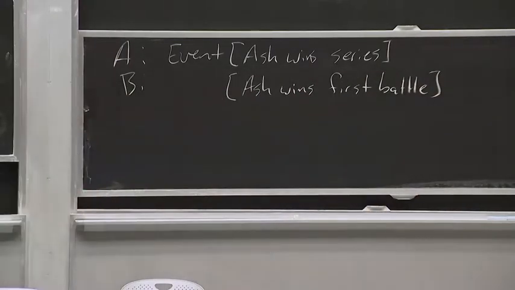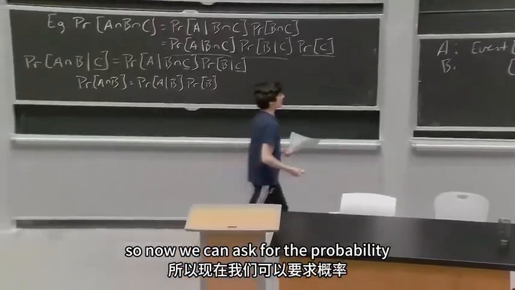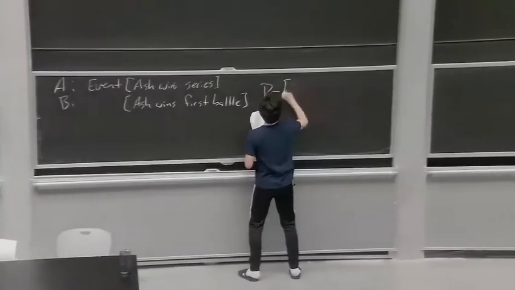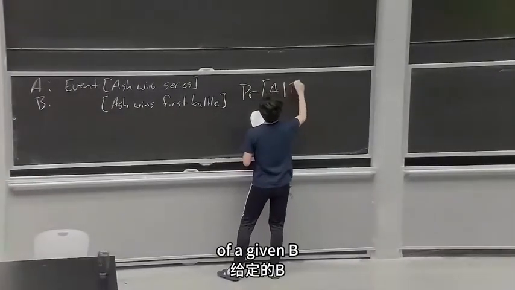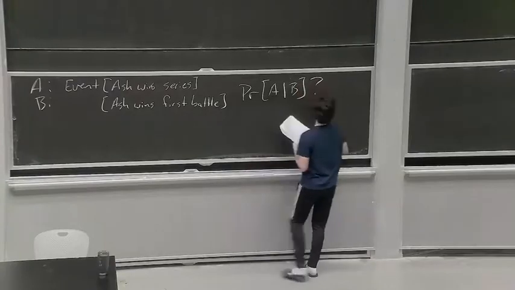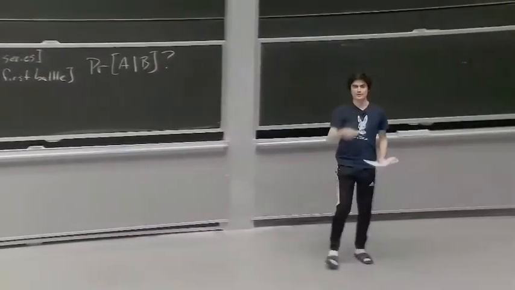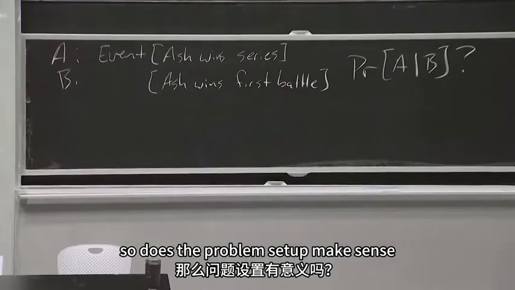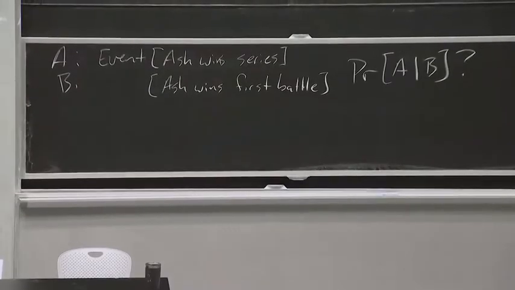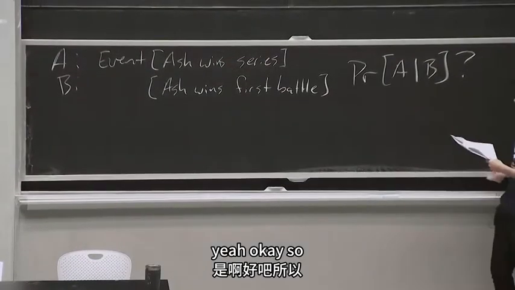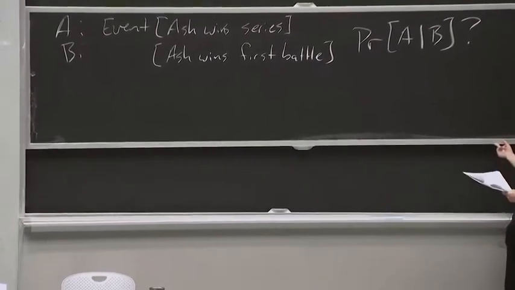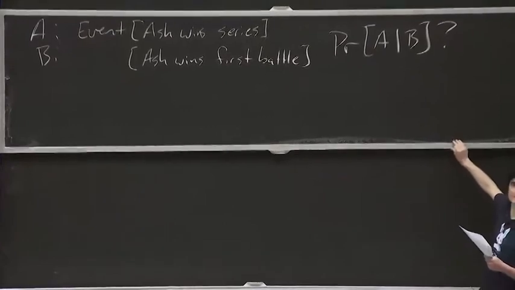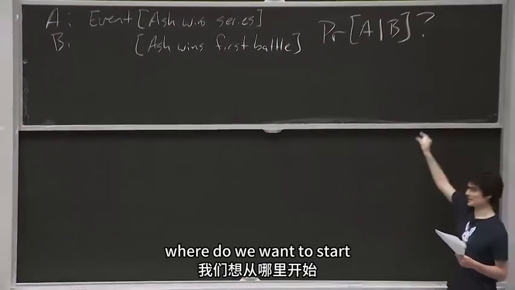So now we can ask for the probability of A given B. Does the problem setup make sense? Okay. So how could we compute this? Any ideas? Where do we want to start?